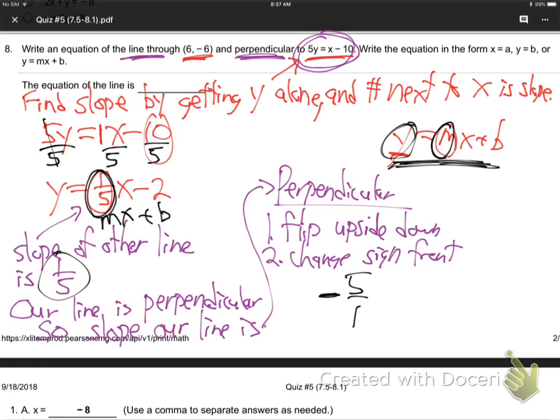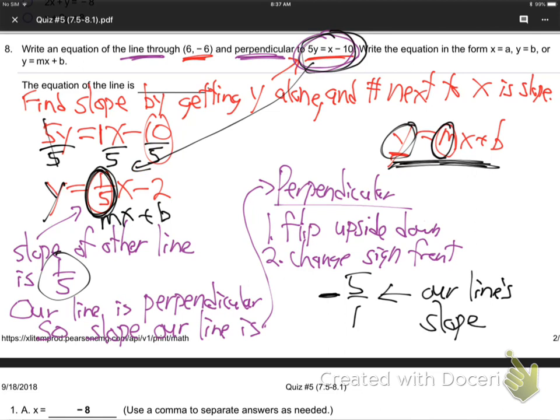So this is our line's slope. Does that make sense? So I took that other equation, got y alone, and the slope is always next to x when you get y alone. So the slope of the other line was 1/5. Our line's perpendicular. Perpendicular means they meet like a T, like an intersection, a 90-degree angle.